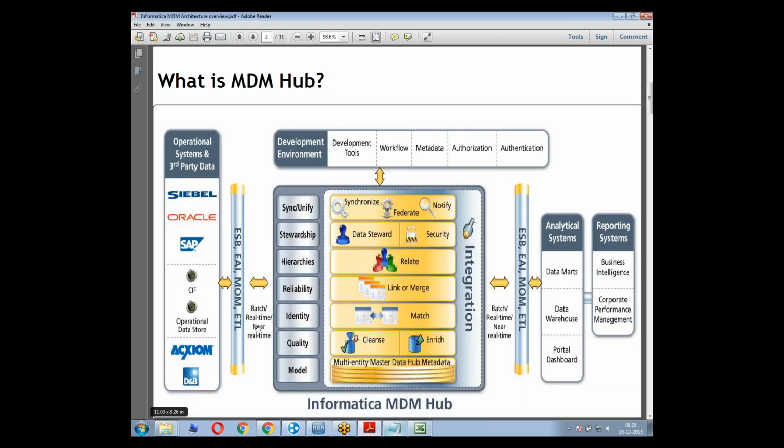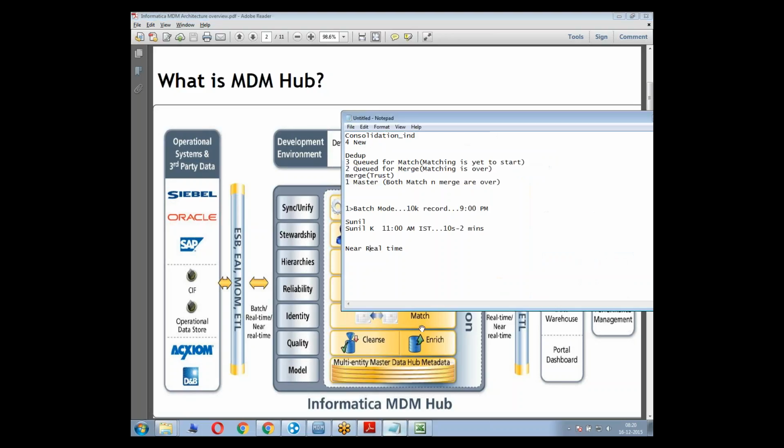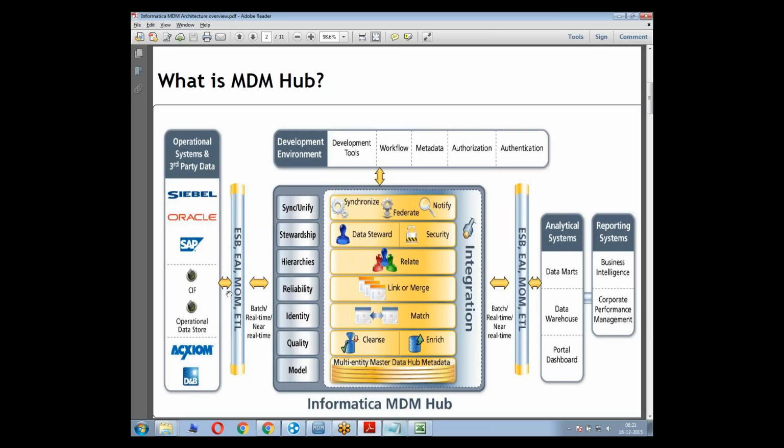But using an ETL, you could also implement real time. For example, in Informatica, there is a concept of web service hub. Using this concept, you can also implement real-time integration using PowerCenter. But that depends on what you want to implement. Normally, when we speak about ETL, we are talking about batch mode.